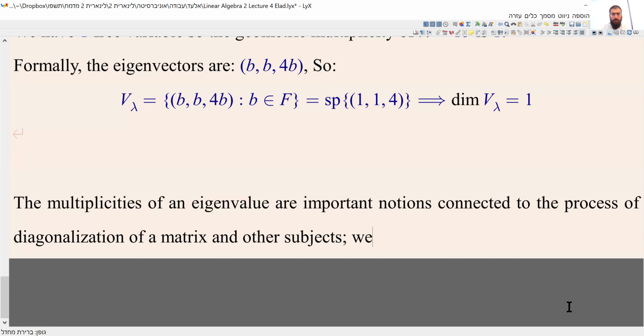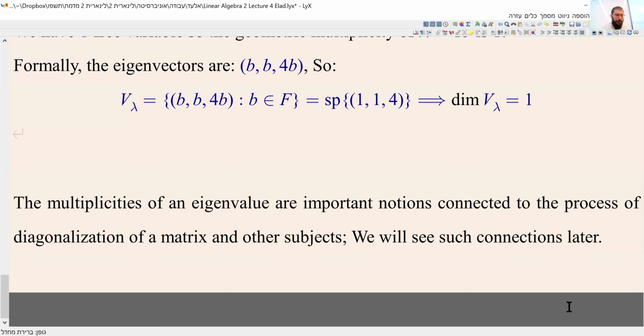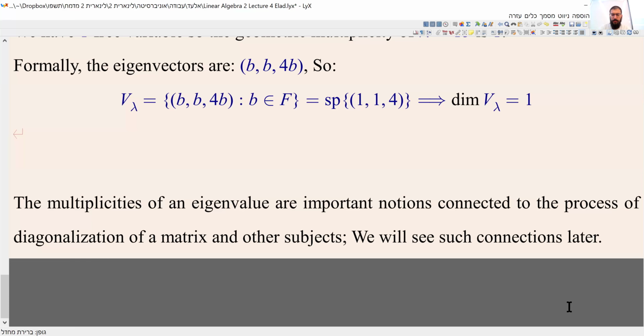We will see such connections later on. Right now, we have to talk about division of polynomials more precisely, more theoretically, more deeply. Okay?